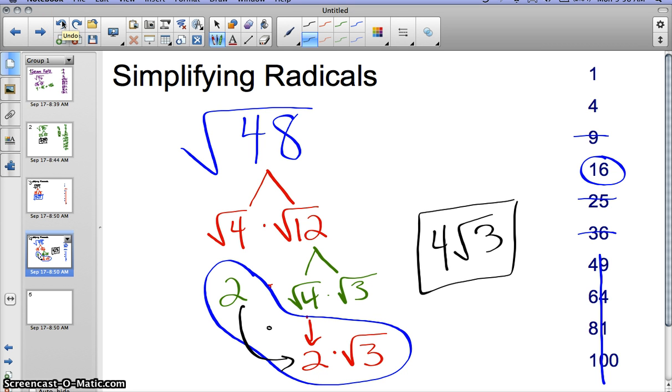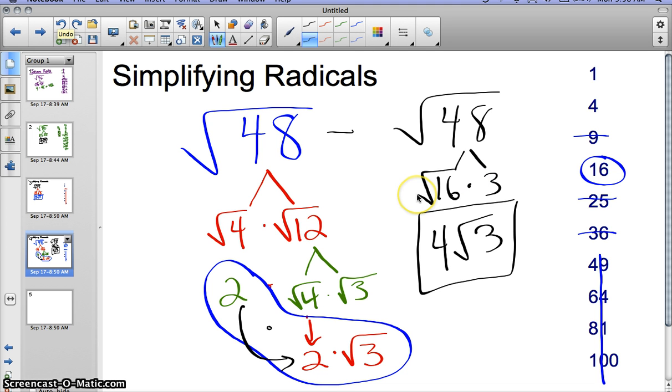Now let's back it up to the beginning and show you why I circled 16. The square root of 48 can really be broken down into the most simple, technical difficulties with our screen recordings. It's alright. Can be broken down into 16 times 3.